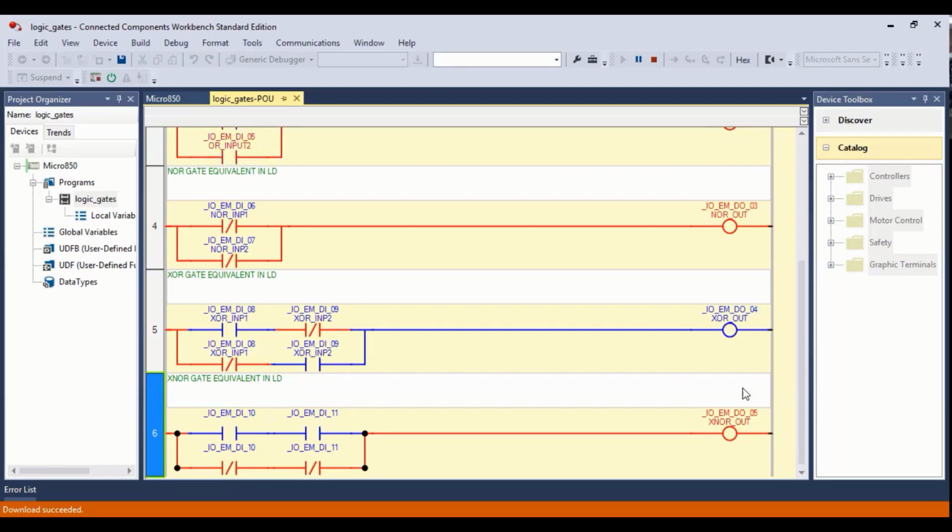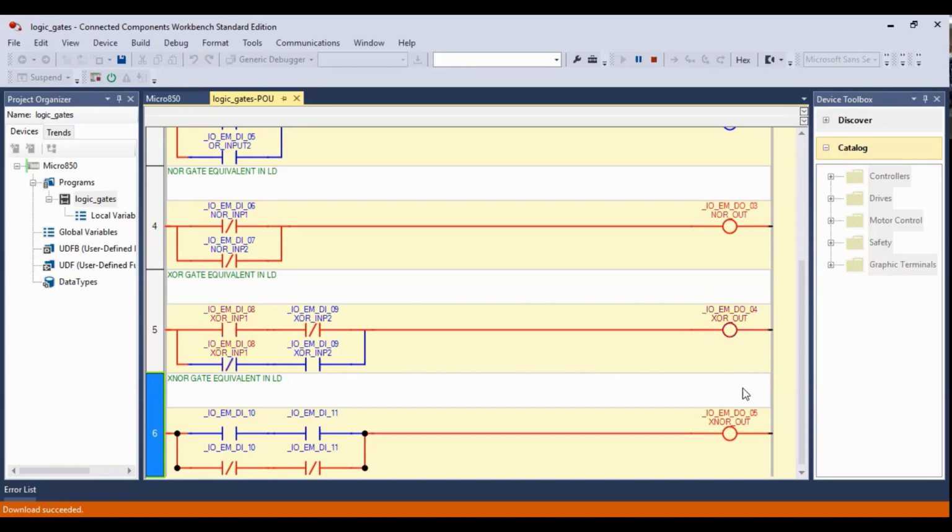All right, and then we got the NOR function, which is input 6 and 7 are false, therefore the output is true. Whenever any of the inputs go true, the output still stays true until both of the inputs are true, then the output goes false.